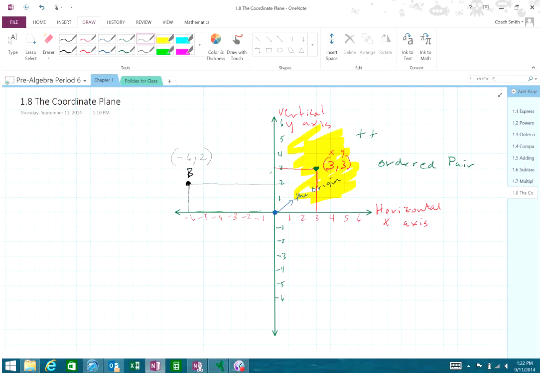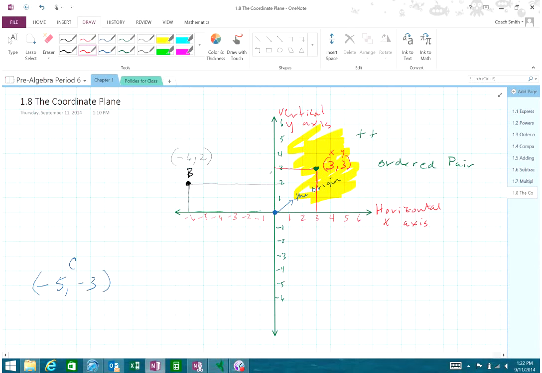Okay, well, let's say I gave you the coordinates -5 and -3, and I told you to graph those coordinates. Okay, well, -5 and -3, we would start at 0 right here.